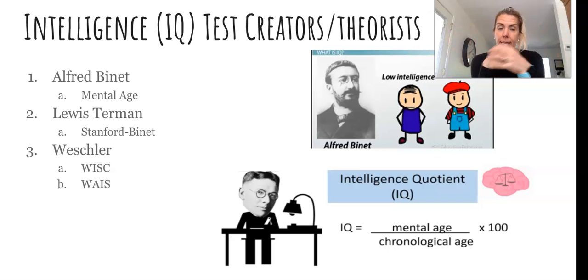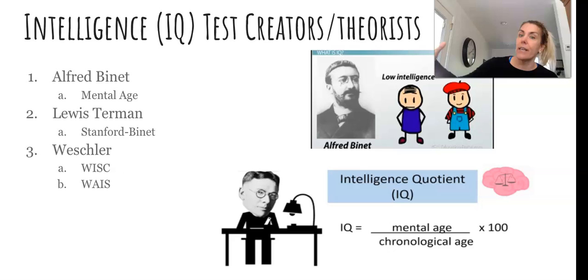And then Louis Terman took that a little further, and he created the Stanford-Binet IQ test. That was where you had the mental age over the chronological age, times 100. And that was the IQ, the intelligence quotient. And then Wechsler modernized it, and he came up with the WISC and the WAIS.